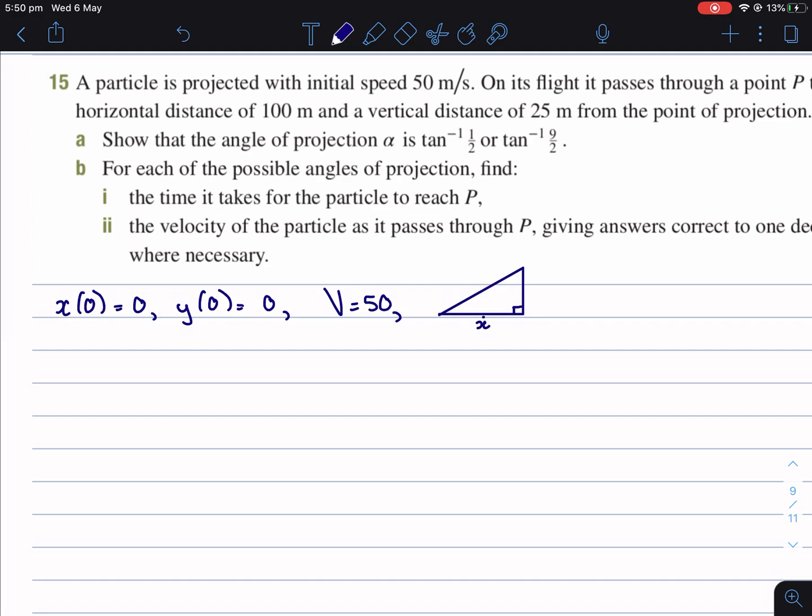This is x dot, y dot, and this is 50, and this is alpha. So x dot at time 0 is 50 cos alpha, and y dot at time 0 is 50 sin alpha.